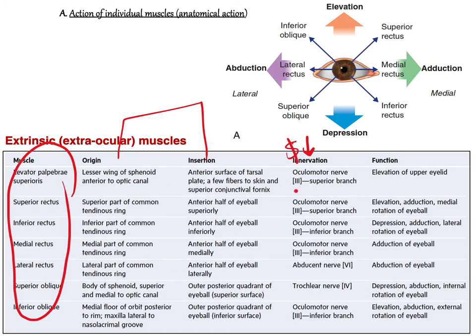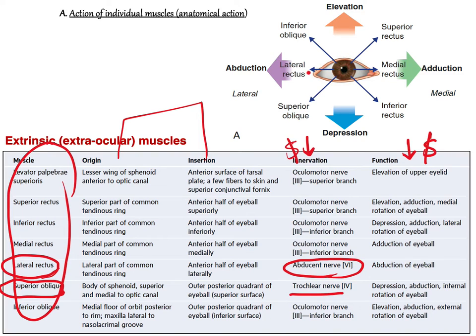Because all they are innervated by oculomotor nerve except the lateral rectus, which is by abducent nerve, and superior oblique by trochlear nerve. Now we are very curious about their function. Yes, it's very important to know the function of each muscle, how they are coordinated with each other. Let me explain to you. First of all, you have to know.